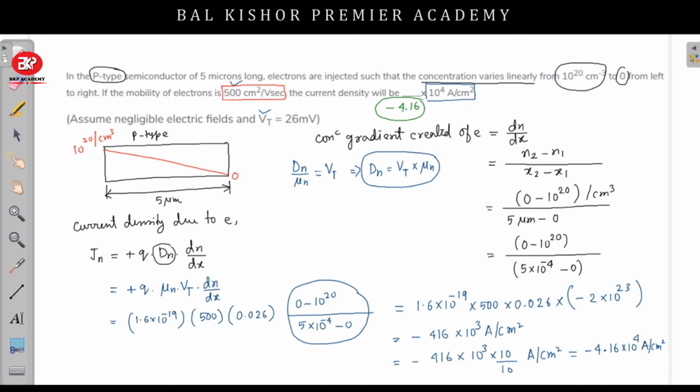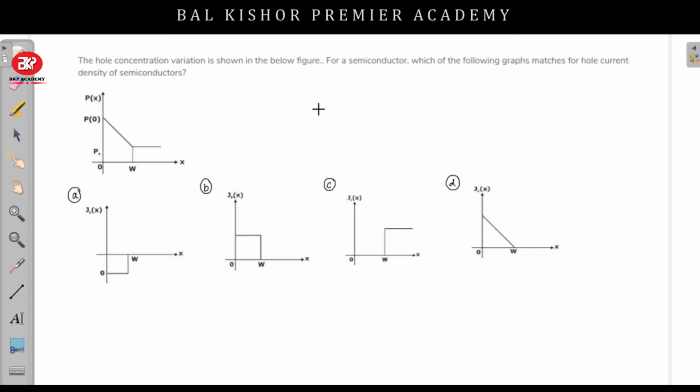So the next question looks like this. This is a very beautiful question. You can see the whole concentration variation is shown in the figure. The hole concentration is given in the figure.